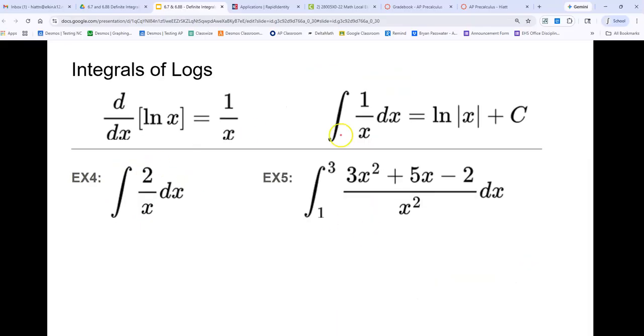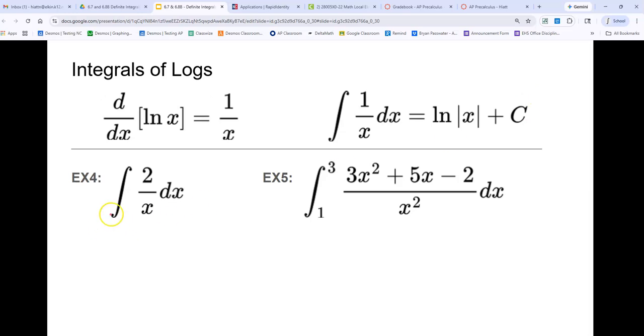So, logs. When we took the derivative of a log, we got 1 over x. So if we integrate 1 over x, we get natural log of the absolute value of x, plus c. We have to put absolute value bars around the x because you cannot take the log of a negative number, right?